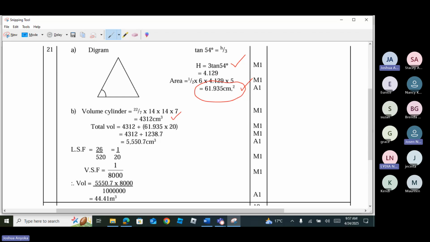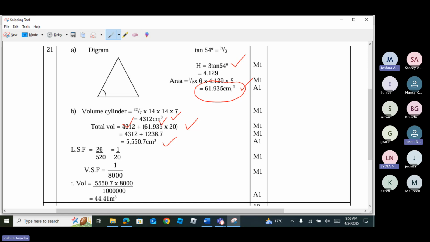But now total volume, we add the two: the volume of the cylinder plus the volume of the pentagonal prism, which is the cross-section area 61 times 20, giving 5,550.7.